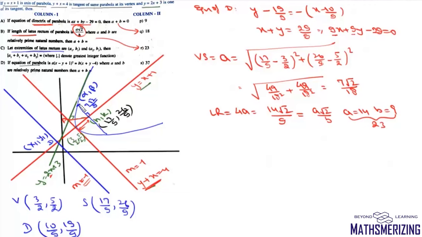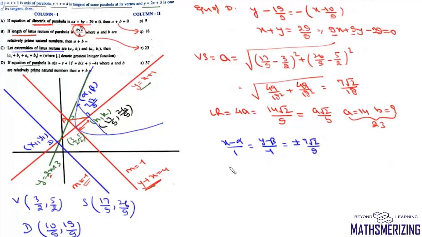So we'll find the foot of perpendicular from this point alpha beta on this line, which actually is the focus. So we can write this as x minus alpha upon 1 equals y minus beta upon minus 1 equals this distance. Now we can have 2 points, one up and one down, so we can write it as plus minus 7 root 2 by 9.